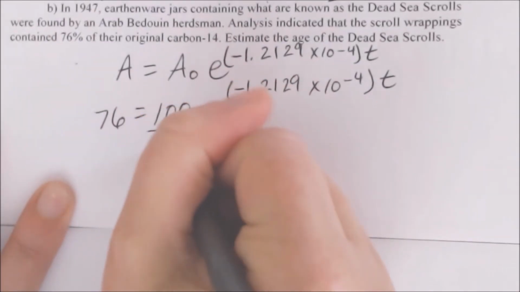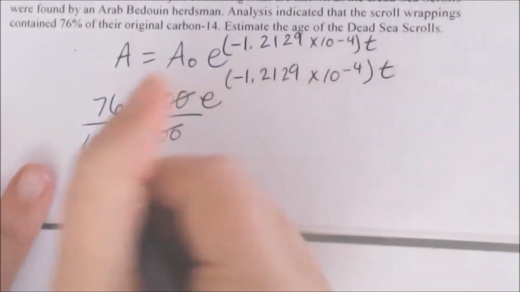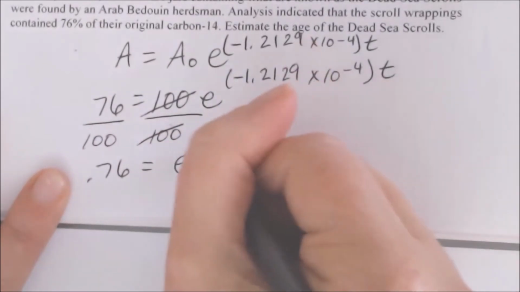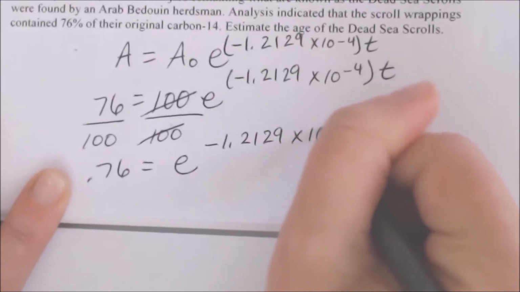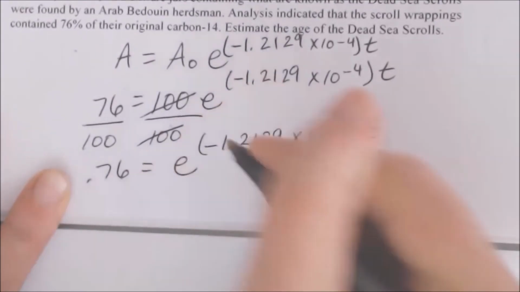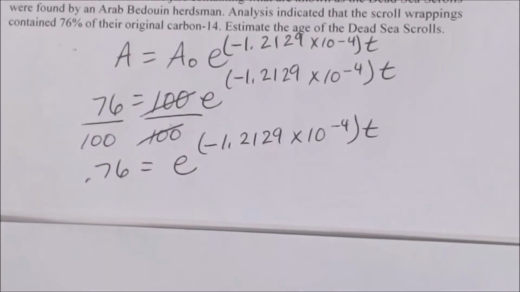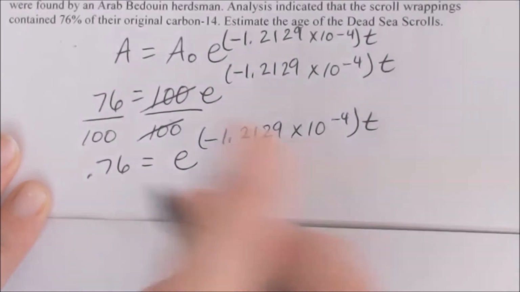So I'm going to divide both sides by 100. And so that gives me 0.76 equals e to the negative 1.21 times 10 to the negative fourth t. And just like all the others, I need to switch this to logarithmic form. So I'm going to go ahead and do that. And since e is the base, I'm going to use the natural log.